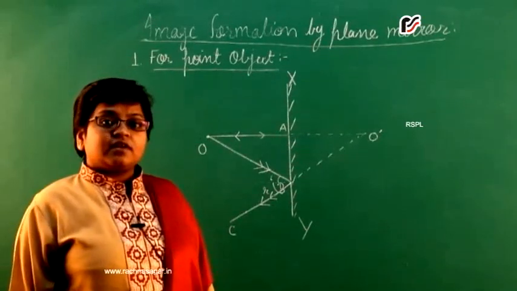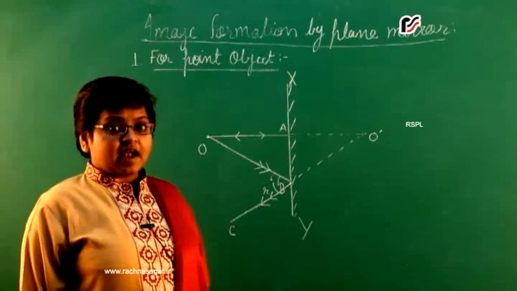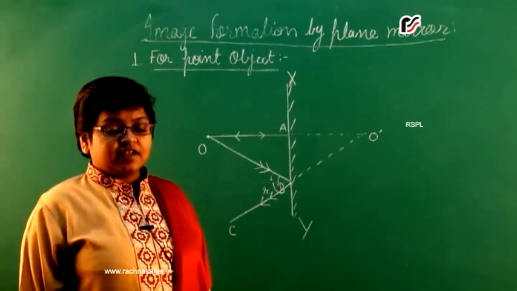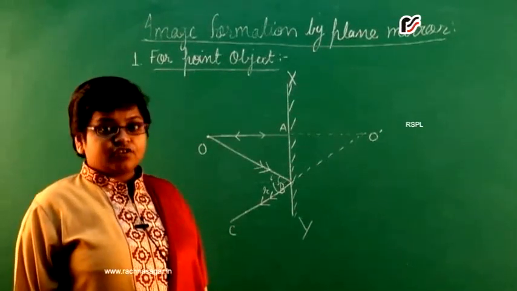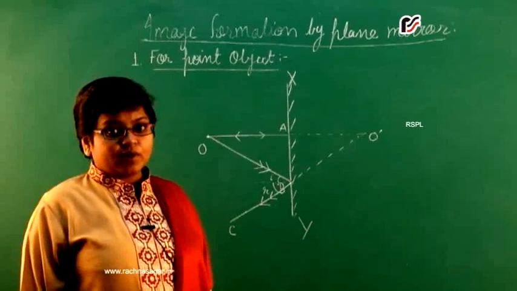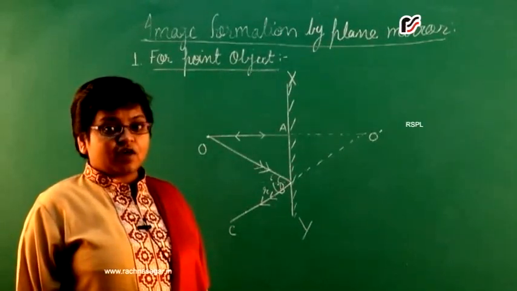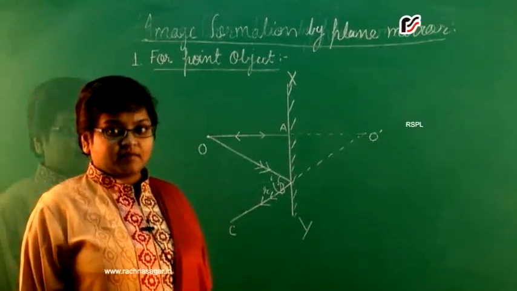These two rays, after producing in the back of the mirror, intersect at point O dash. So O dash is the image of point object O. The nature of O dash is virtual, erect, the same size as the object, and behind the plane mirror.